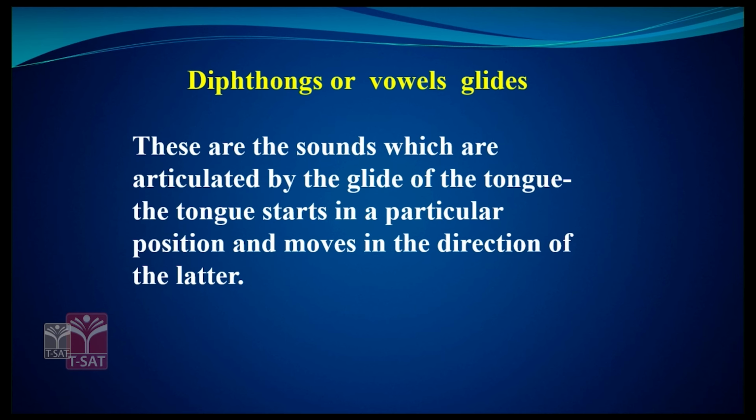These are the sounds which are articulated by the glide. That means the tongue starts its position at a particular vowel sound and shifts to another vowel sound. So, this is what we call the glide.